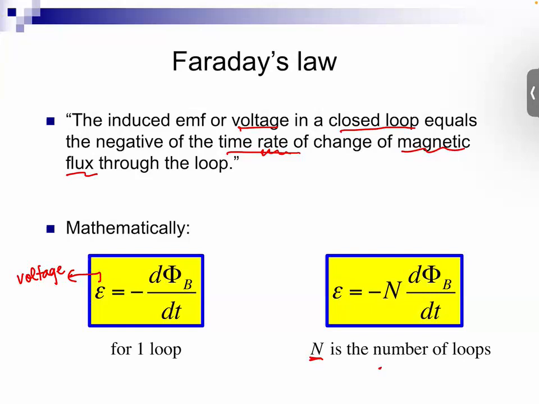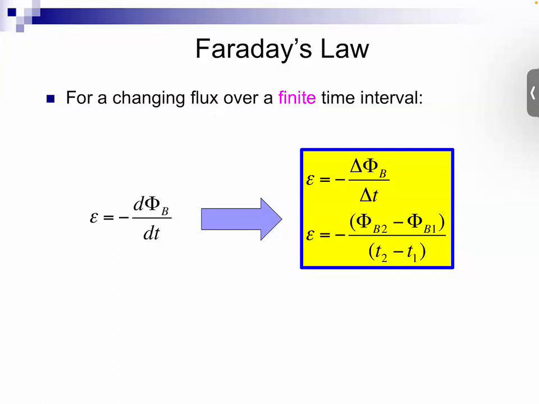Right, so this is a derivative. The derivative means change. So if you're looking at the changing flux over a finite time interval, then this derivative actually transforms into a delta, which is a change.